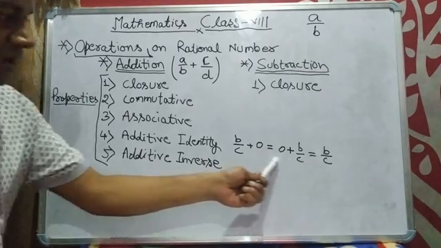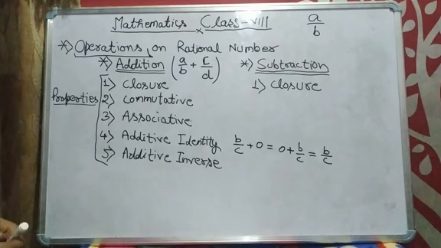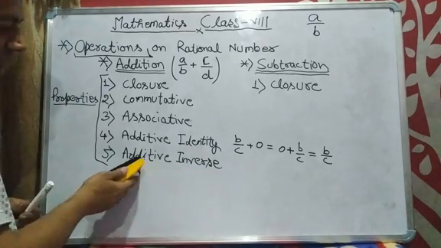If this condition is true, then we can say it has the identity. Next one is additive inverse.